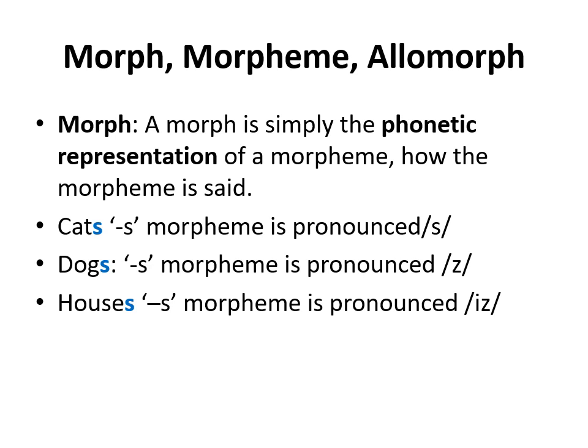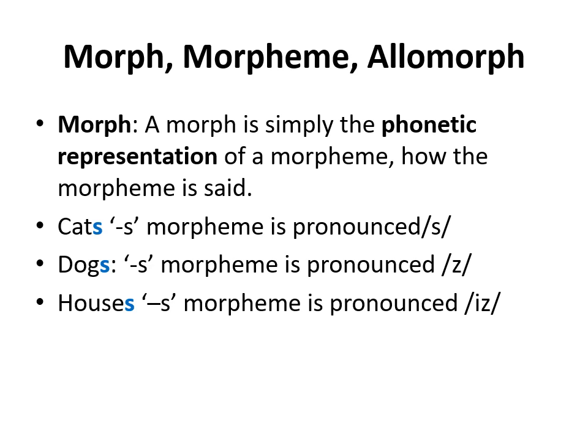Here you can see three examples: cats, dogs, and houses. These are three different words, not morphemes. In cats, there are two morphemes, cat and s, and this s, the highlighted blue sound, is pronounced as s.